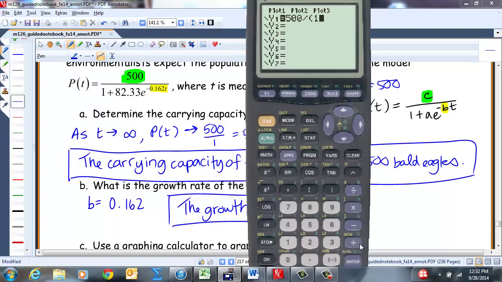So we have 1 plus 82.33 times e raised to the negative 0.162 times x.